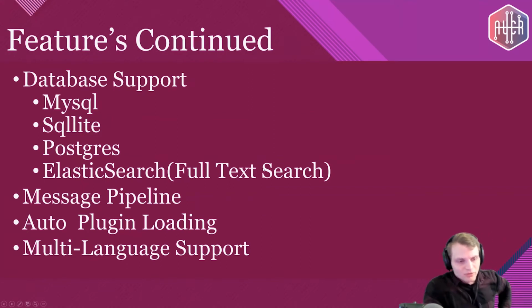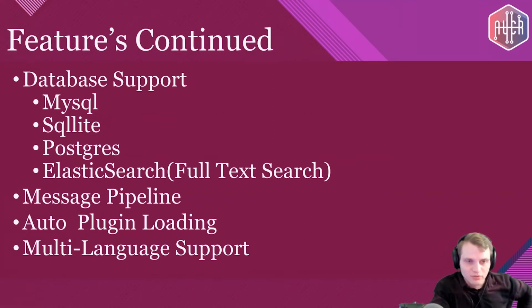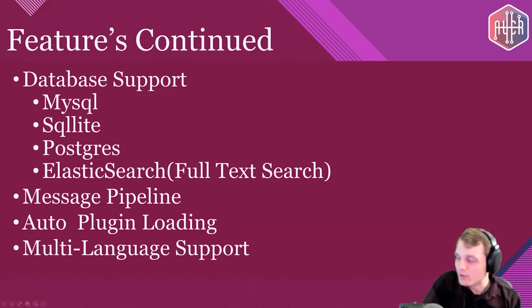It also has multi-language support because of message queuing. So if you don't want to write a plugin in Python, you don't have to. For the web interface components specifically, you do. But for a processing pipeline like YARA, you could just kick it to a message queue and have any code pick it up and process it, as long as it has access to, say, the object storage or something of that nature.